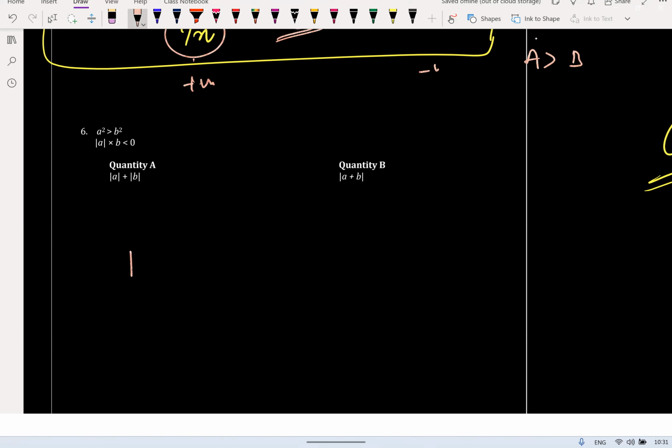Let's say A is equal to 10 and B is equal to negative 5. Mod A is 10 plus mod B is 5. It doesn't matter what the sign of B is, these are both positive and it is 15. But when you put A plus B, 10 minus 5, this is 5.